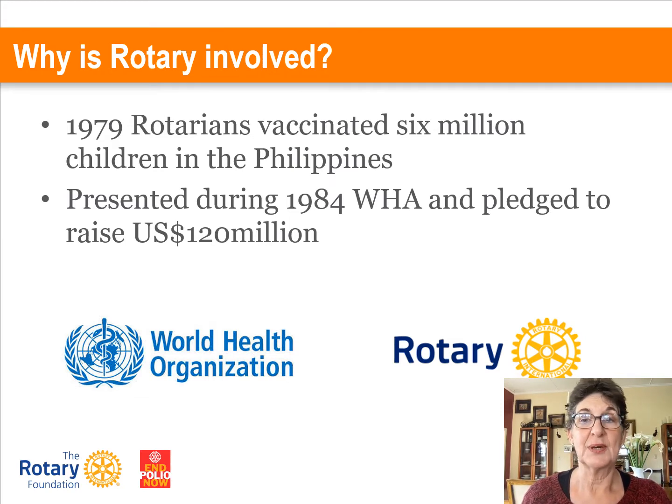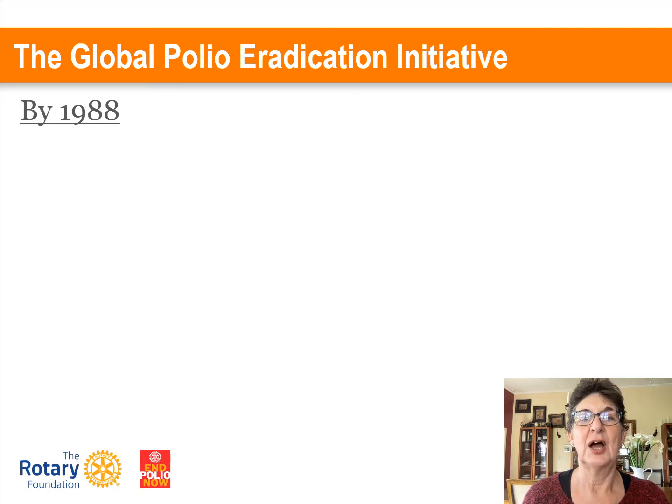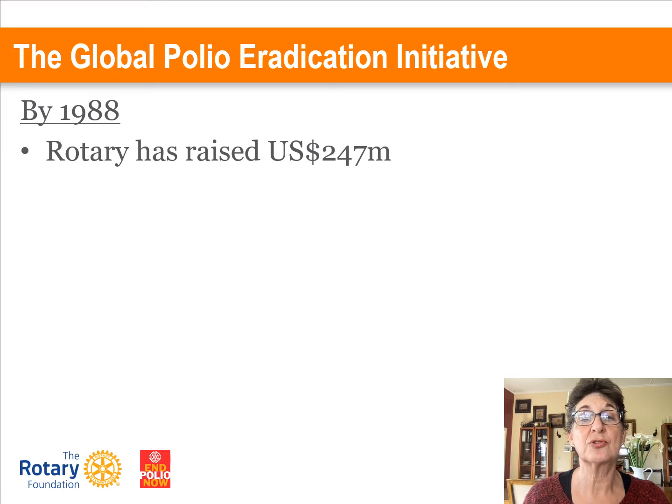So Rotary went away and in 1985 launched Polio Plus. Polio Plus still exists. It's the pot of money that all of our polio fundraising goes into. By 1988, Rotary had raised not 120 million, but 247 million US dollars.